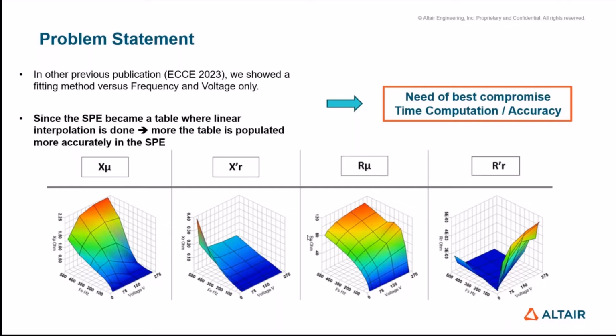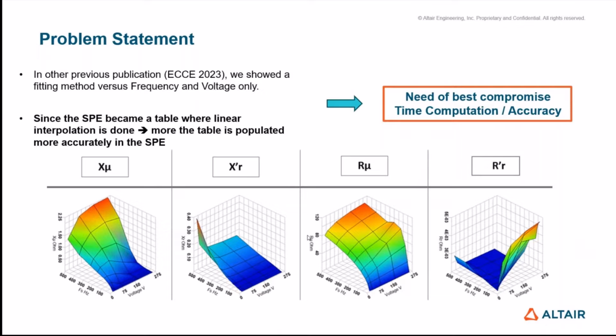In conclusion, if we really want accurate results from the equivalent circuit of the induction machine, we need to fit the parameters according to the frequency, the voltage, and the slip, so the load of the machine.